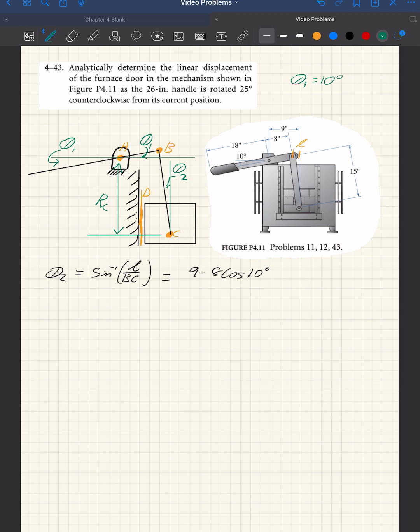So 9 minus 8 cosine 10 over top BC, which is 15 inches. Sine inverse. So this gives us 4.29 degrees. So theta 2 in our initial configuration is 4.29 degrees.